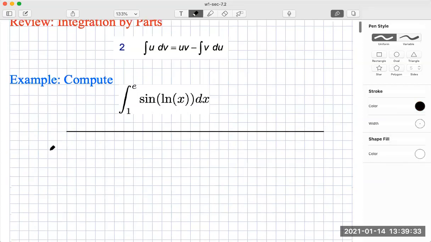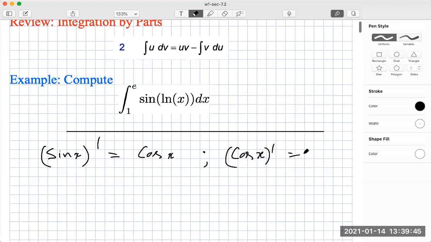We know that the derivative of sine will be very good. And what is the derivative of cosine? Perfect, negative sine. Here we have sine, but the term inside is very complicated: natural log of x, right?